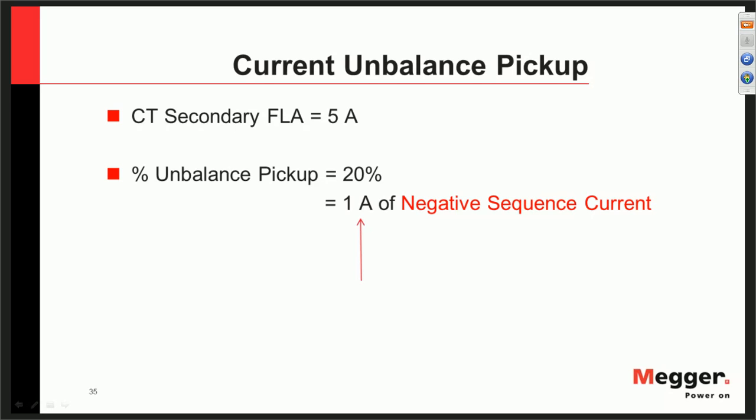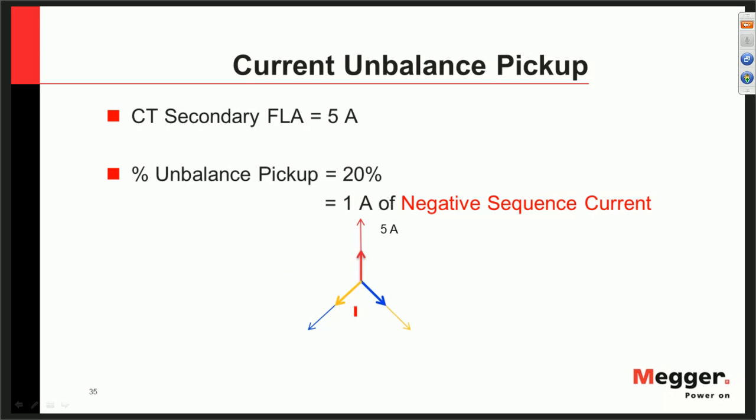So what is happening is I have a system which was balanced before, and it was having full load current flowing through it. I saw a 5 amp current flowing through the system, and it's a balanced system. On top of that, I saw an unbalance, which has a magnitude of 1 amp, and as I told you, it's a negative sequence, so it will have a different phase rotation.